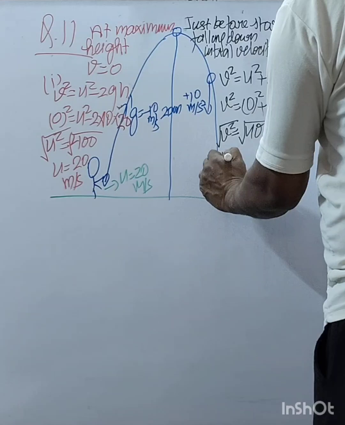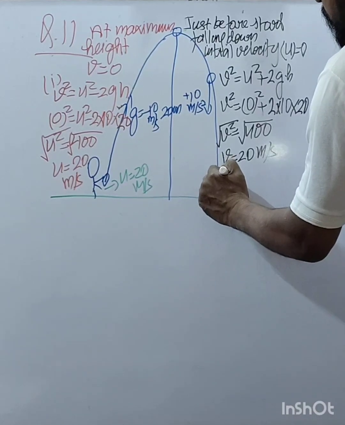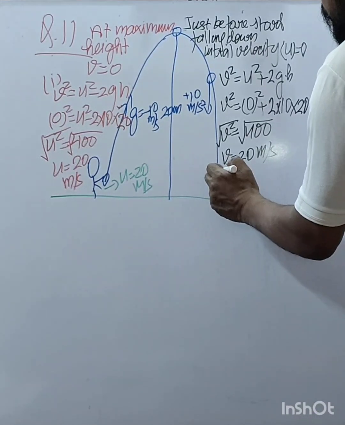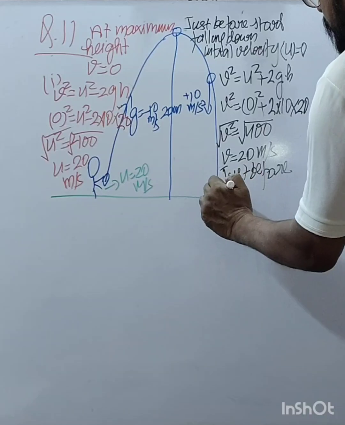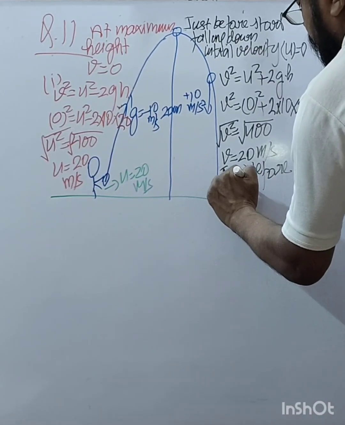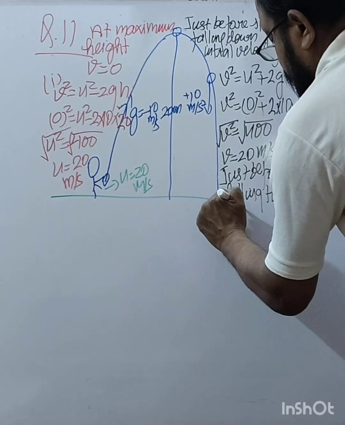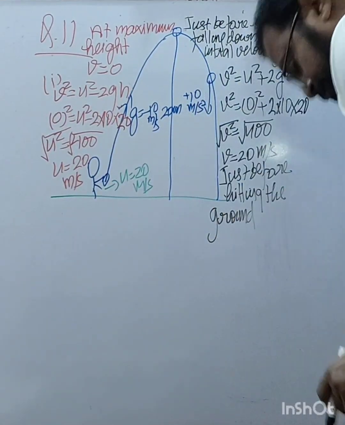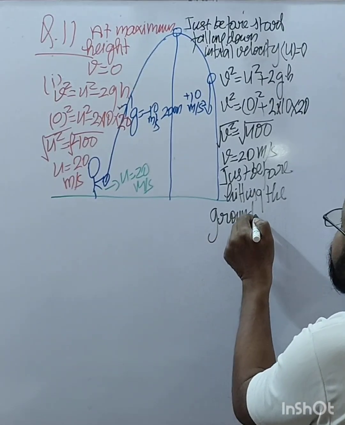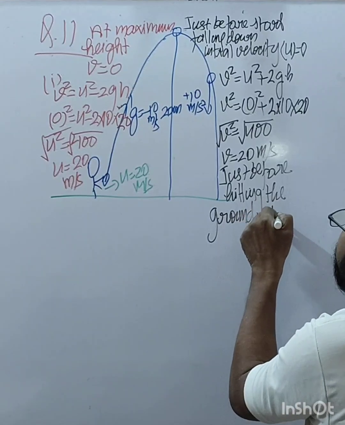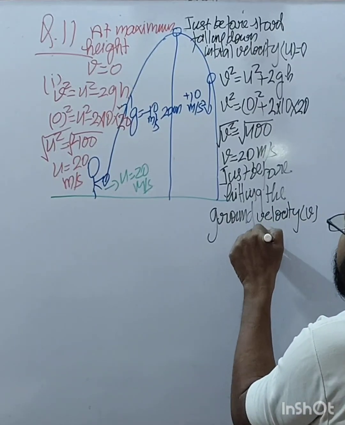We take root over, so v is equal to 20 meter per second, just before hitting the ground.